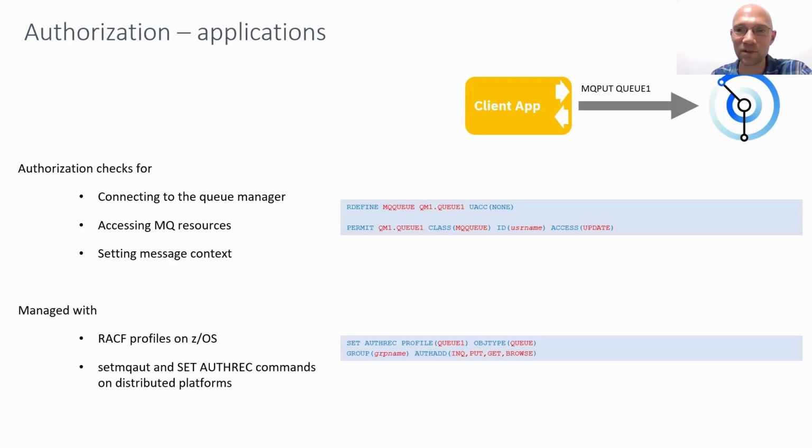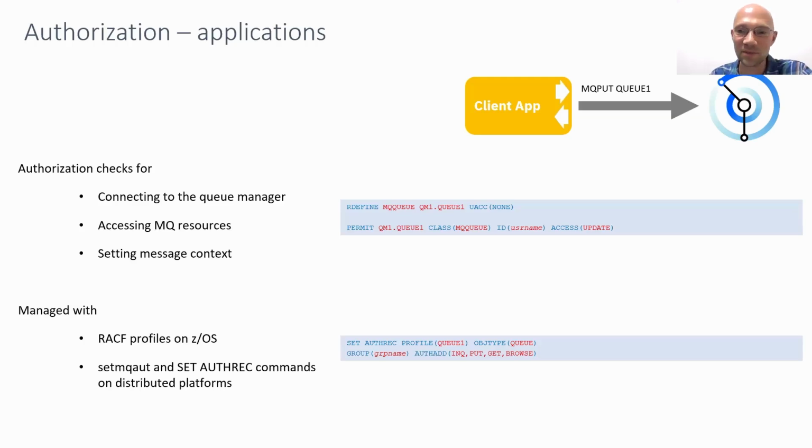Usually applications don't need to change that, which is why they need a higher level of access in order to do that, something that you need to explicitly grant to the application. But you are able to grant that level of access if you need to. So that's all controlled using the authority checks that you can set up in MQ.